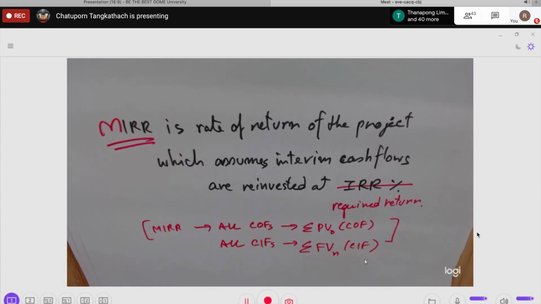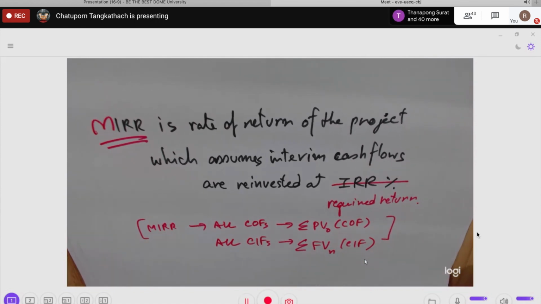This is for MIRR. And then equate PV and FV. Any question before we take a break at this moment?